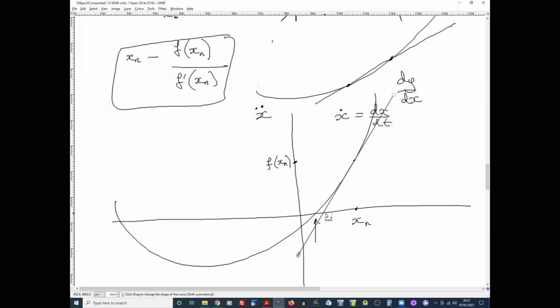You want to subtract that fraction from your current best estimate, and it gives you exactly this amount to subtract. You can even see why, because you're dividing this length by the gradient, which is going to find you this.